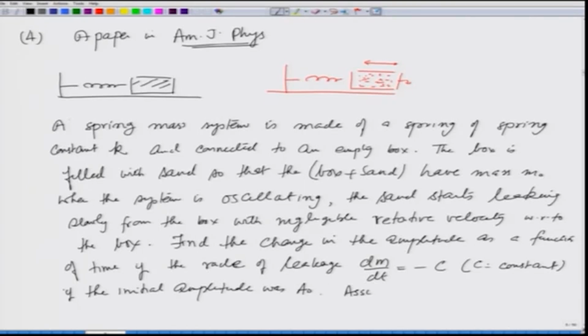Assume T oscillation, that is time period, is much less than m0 over c. That condition is important. That means the leakage rate is so small that for a few periods we can take the oscillation period to be roughly a constant. So, it changes over a longer period of time.